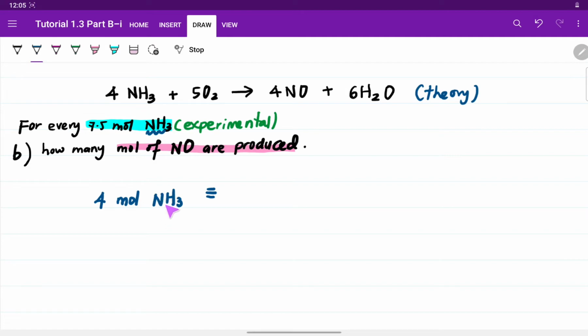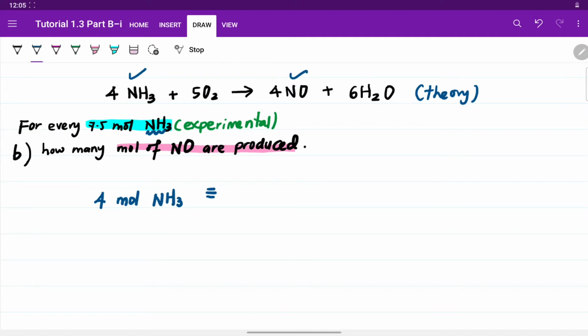Now, yang seterusnya B. How many moles of NO are produced? Masih lagi soalan yang sama. Masih lagi kita ada 7.5 mole of NH3. So, this is the information that we have. And now, we want to know what is the relationship between NH3 dengan NO over here.